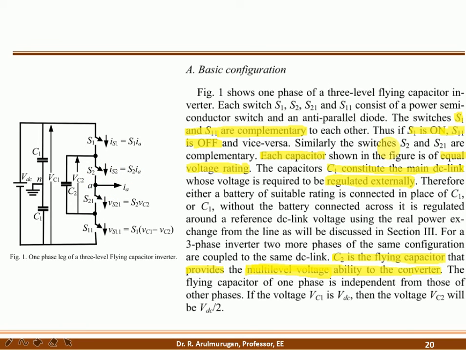When one is on, the other is off. So out of the two, one from the upper and one from the lower will be working. And C2 is a flying capacitor that provides the multi-level voltage ability to the converter.